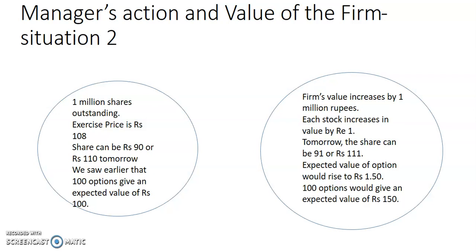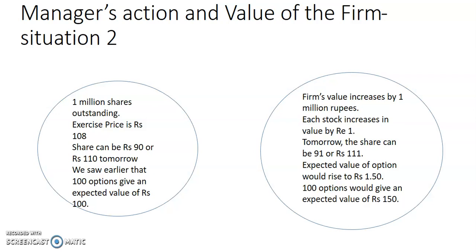The expected value then of each option is 1 rupees 50 paisa, rather than the 1 rupee expected value that it had before it took such a beneficial action for the firm. This implies a net benefit of 0.5 for every option held.